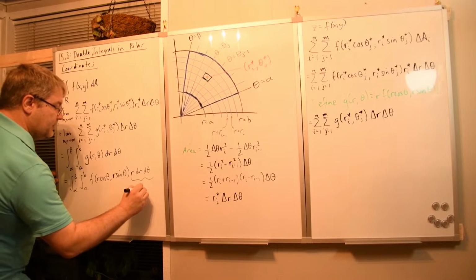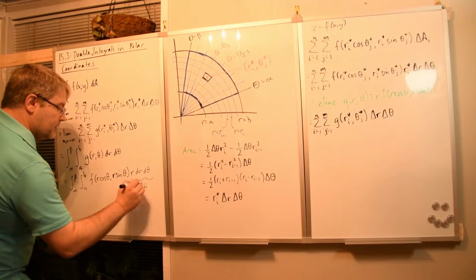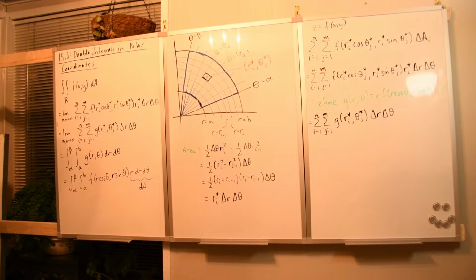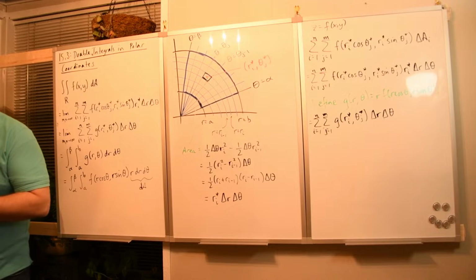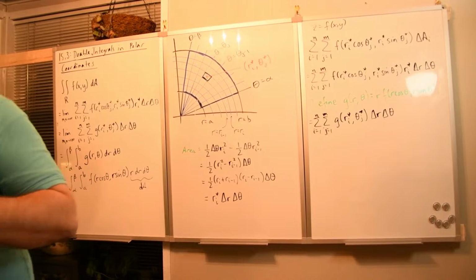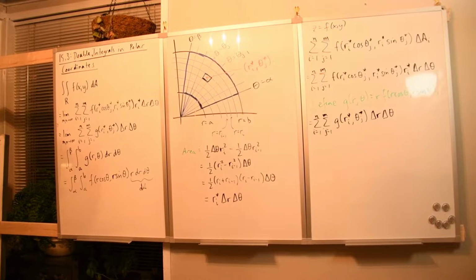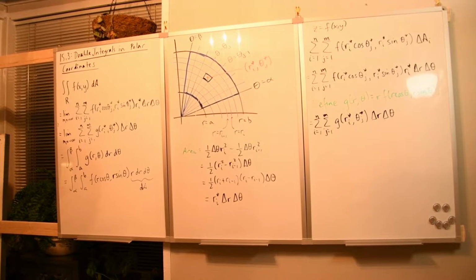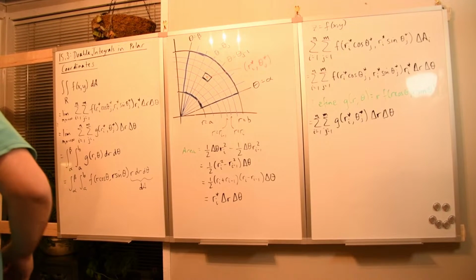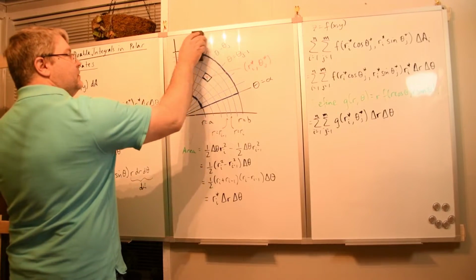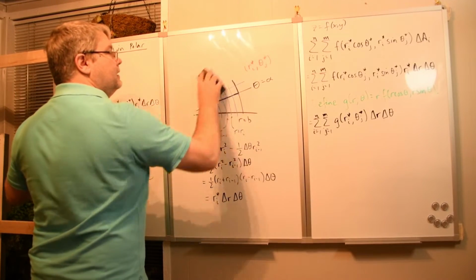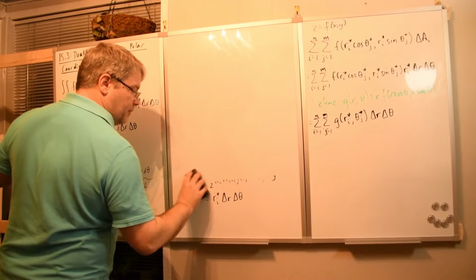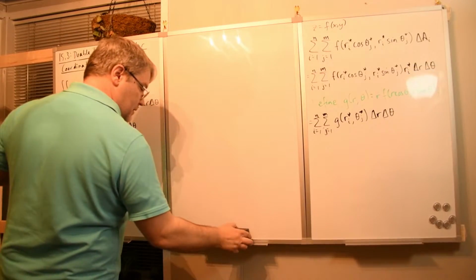So this part actually is going to be corresponding to our original differential of A. All right, so this leads us to the following theorem, which I'm about to put up on the board.